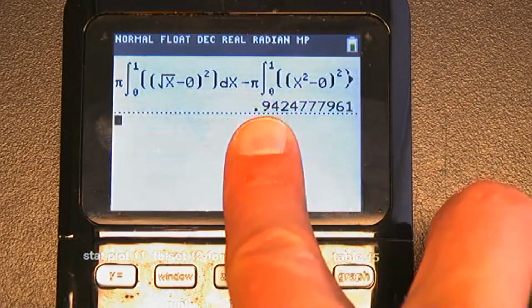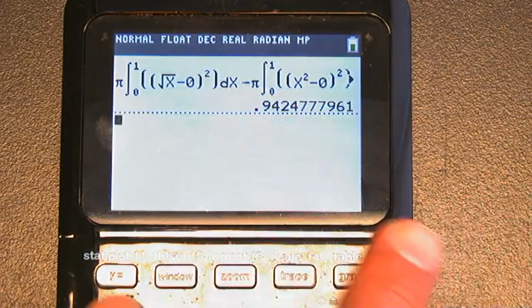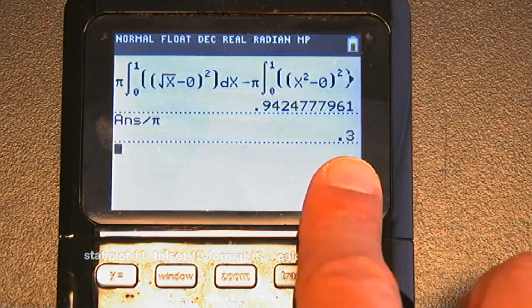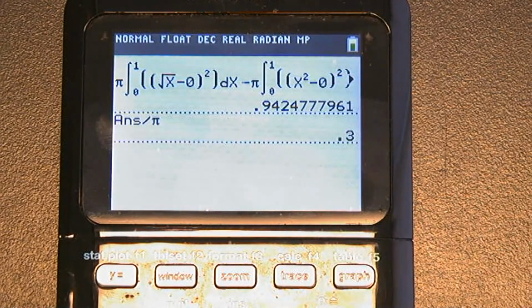All right, I got 0.9424. If you think about what that is as an exact answer, that's 0.3 times pi, or about 0.94. Okay.